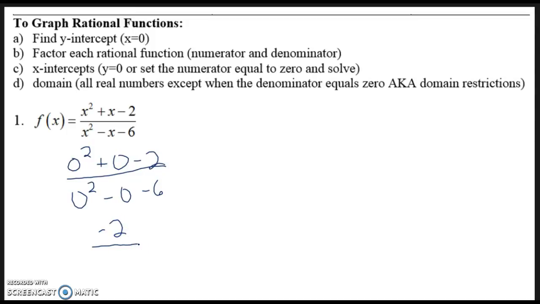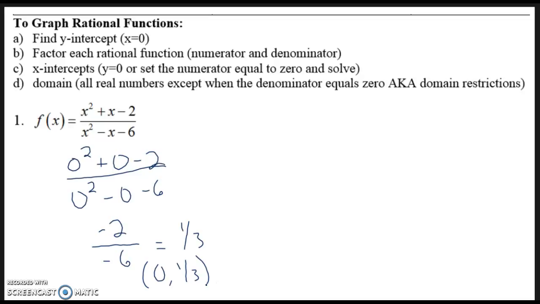In the denominator, 0 squared is 0, 0 minus 0 is 0, and 0 minus 6 is negative 6. I now have negative 2 over negative 6, which reduces to positive 1/3. My y-intercept: x will be 0, and my y is 1/3. So I could theoretically graph that point right now, right?